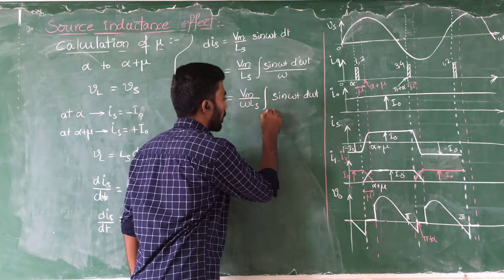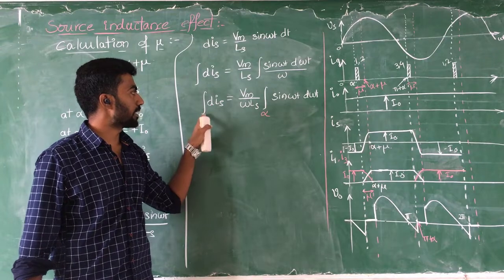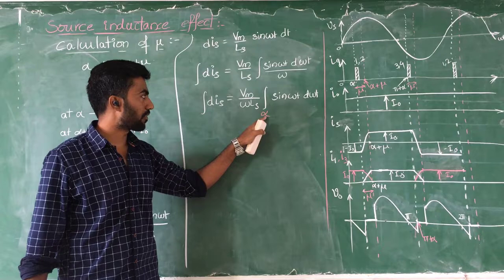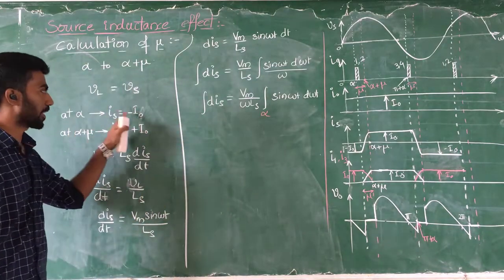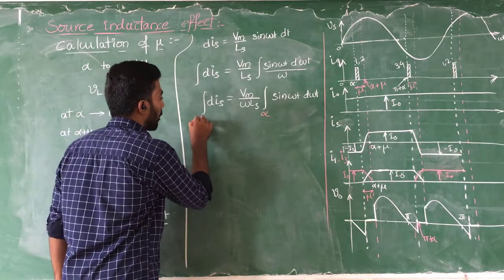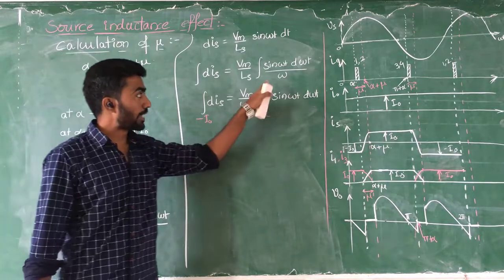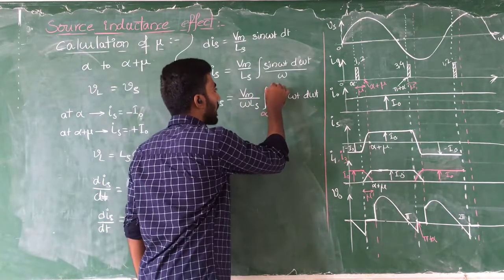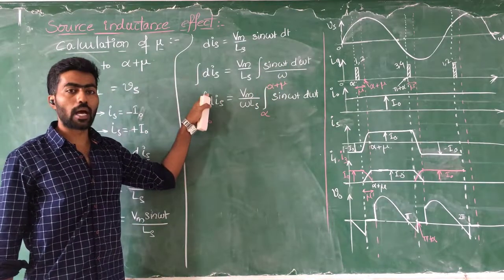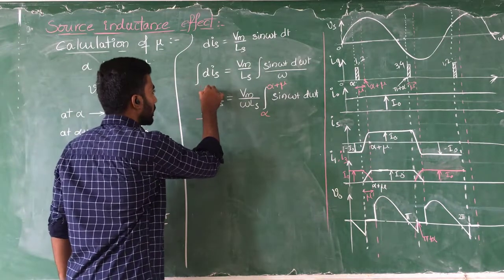What are these limits? At the alpha instant, the lower limit, what is the current magnitude? The highest current magnitude is I naught, so this limit is minus I naught. At alpha plus mu, the upper limit, what is the supply current magnitude?